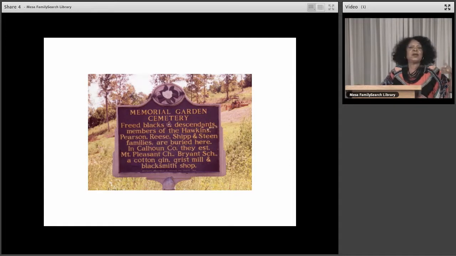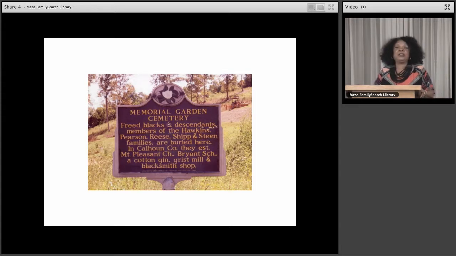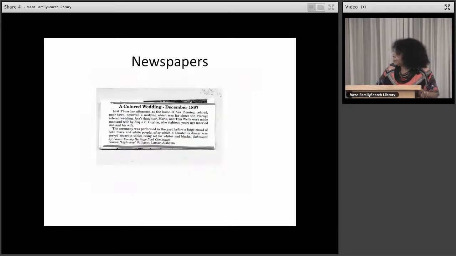In Calhoun County, which is like across the road, they established Mount Pleasant Church, Bryant School, a cotton gin. They had an all-black town at that particular time. My maiden name is Reese, and my great-great-grandmother was a Steen, but she spelled hers S-T-E-I-N. There are different spellings on it.